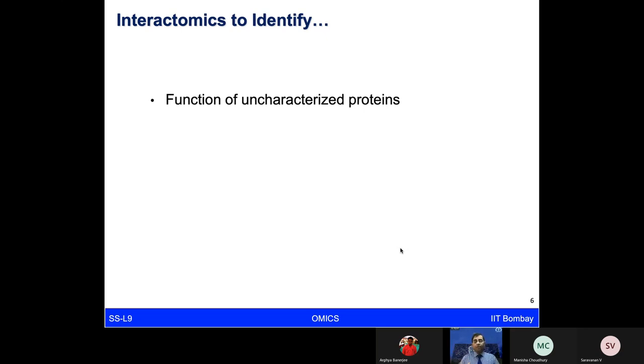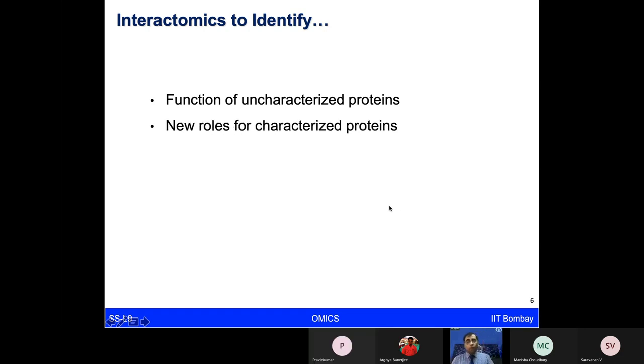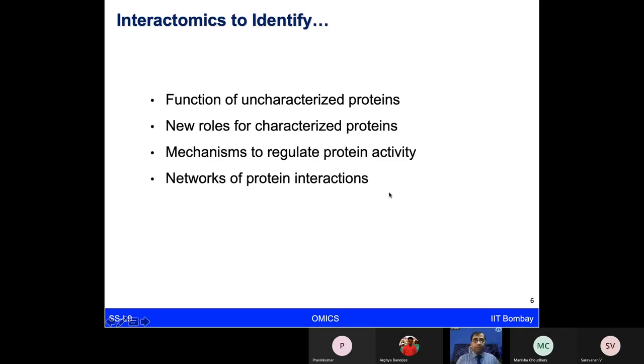And most of the time, once you identify the name of the protein, you are still left with determining their function, and to look for uncharacterized proteins' function, interactomics technology could be very well utilized. Also, we use these technologies to define new roles for even already known proteins. And many times we use interactomics to understand the mechanisms which can regulate protein activity.